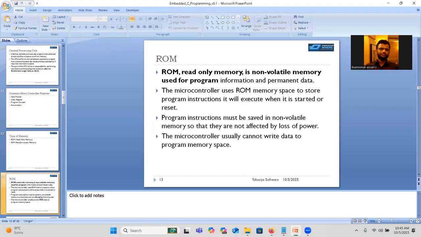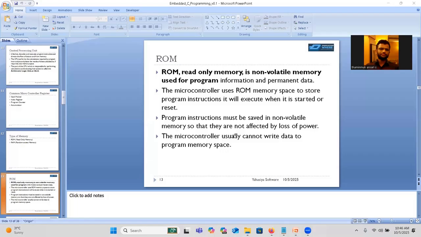These are the different types of ROM we have in a microcontroller. In most cases, ROM is used to store your program instructions. Program instructions must be saved in non-volatile memory so that they are not affected by loss of power. Even if you turn off the power, the instructions will be there, stored in memory that is available forever.